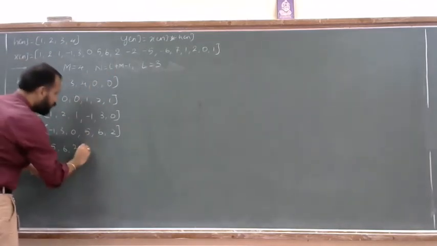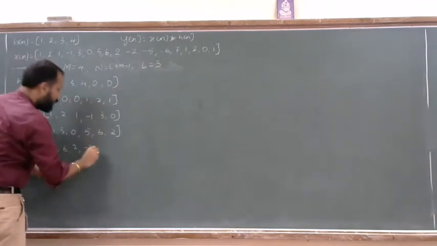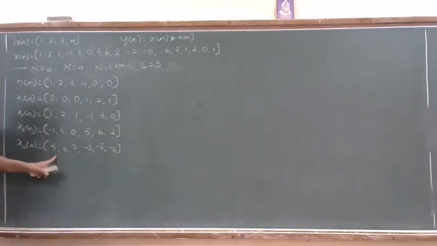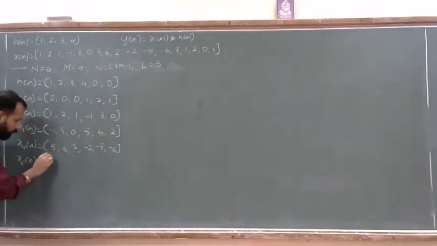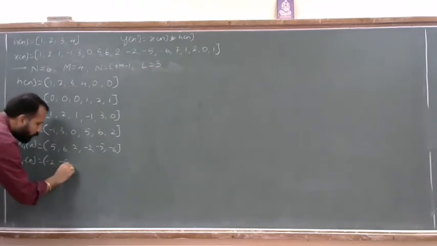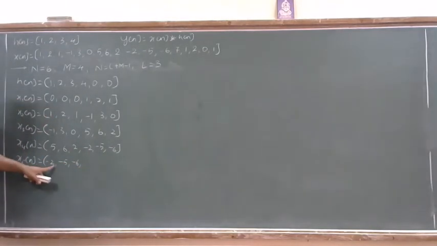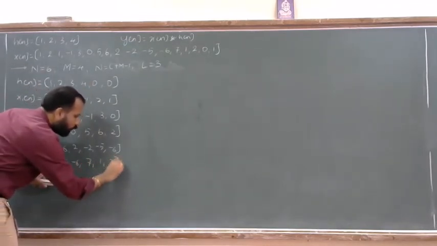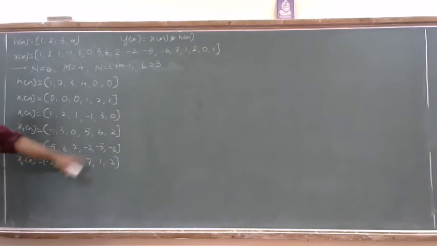The next L number of samples are minus 2, minus 5, and minus 6. Next, for the fifth data block, minus 2, minus 5, and minus 6 will be the first M minus 1 number of samples. 7, 1, and 2 will be the L samples taken from the input.